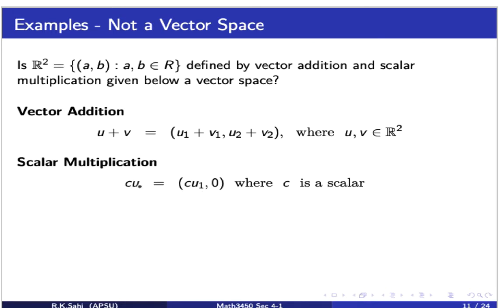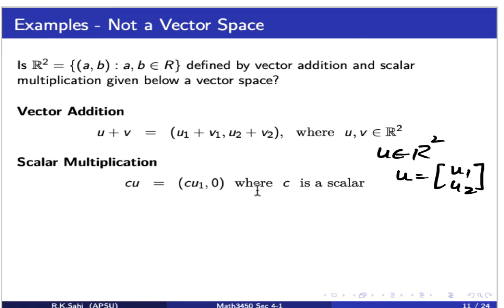When I say I have a vector U in R2, that means my U looks like (U1, U2). When you multiply a scalar with it, it multiplies only the first element, C times U1, whereas the second element, U2, becomes 0.